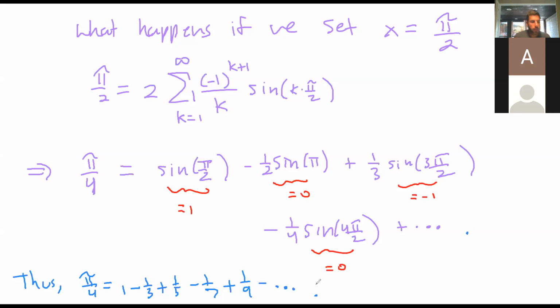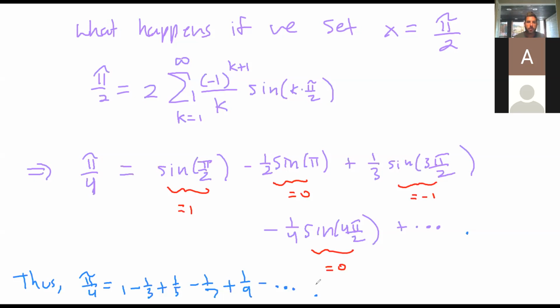So let me reiterate what the purpose of this little experiment was. What we know is that it looks like Fourier series often converge to the original function, particularly if the original function is continuous.